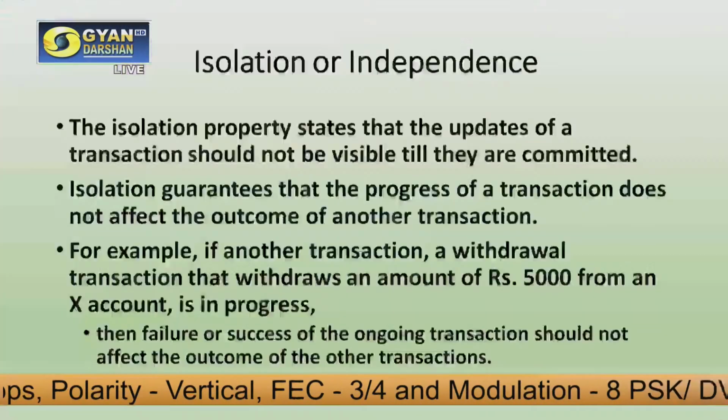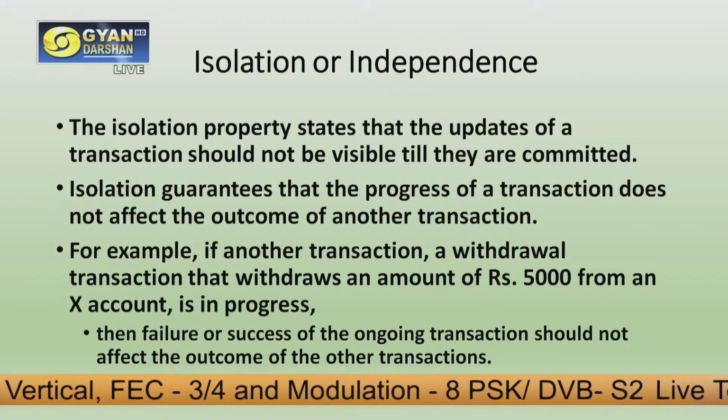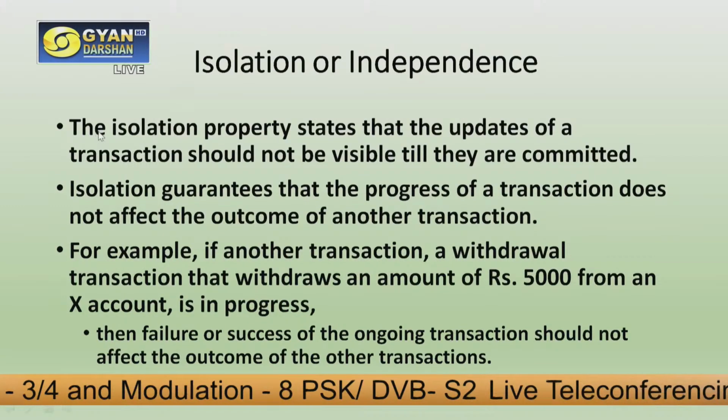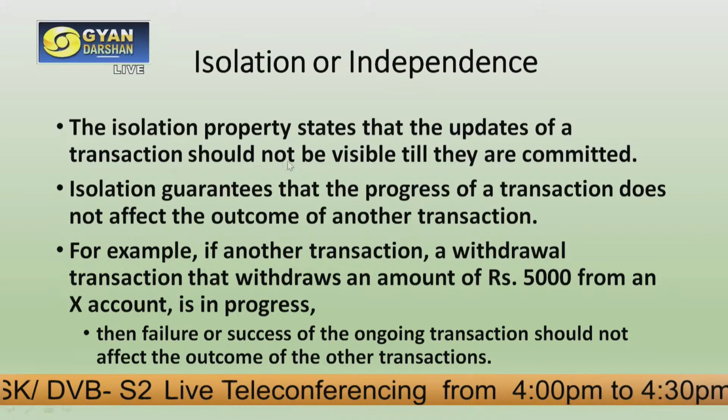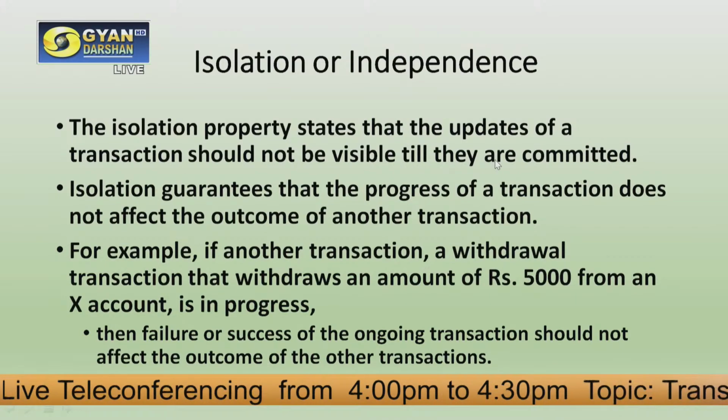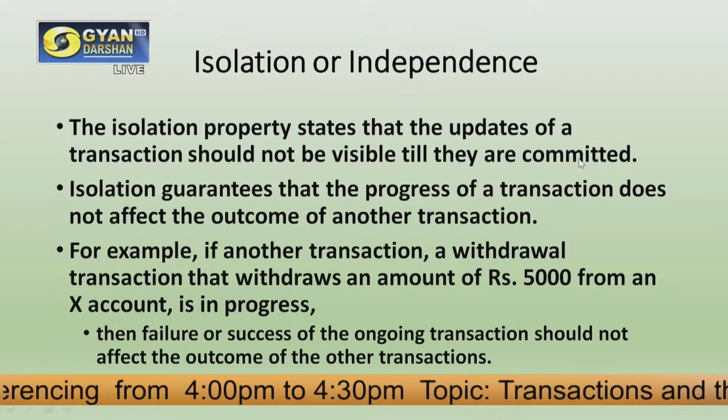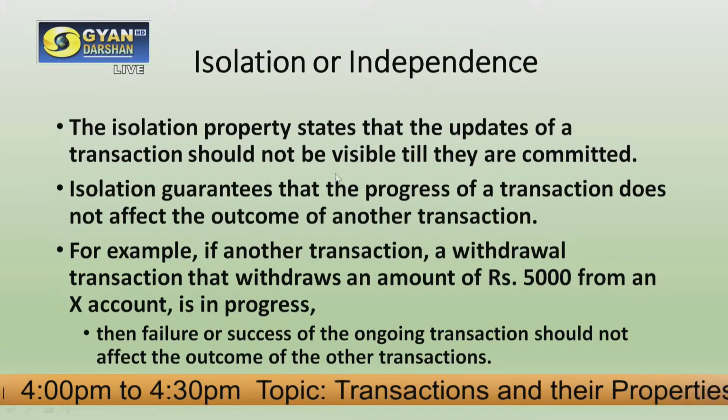Now the next property as far as transactions are concerned is called isolation or independence. This isolation property states that the updates of a transaction should not be visible till they are committed. All right? This is a very important point.